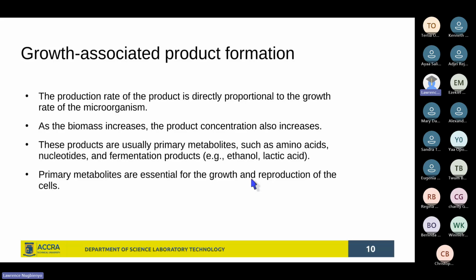Now, you find products that are growth associated, being some primary metabolites of the microorganisms you use in the bioreactors.